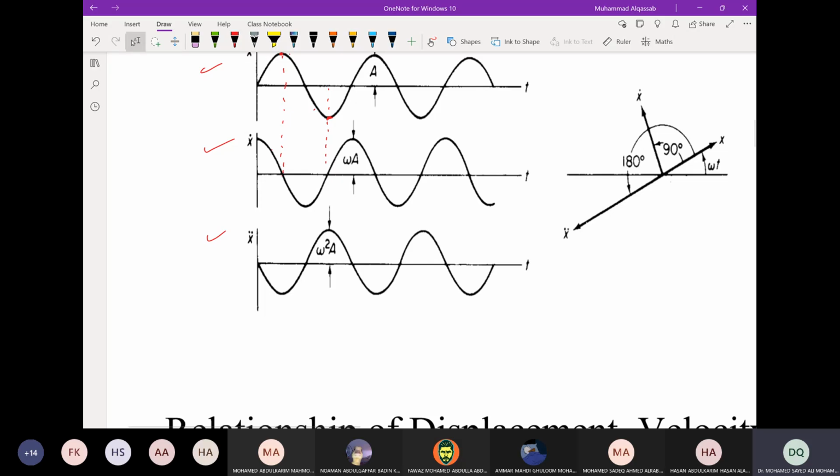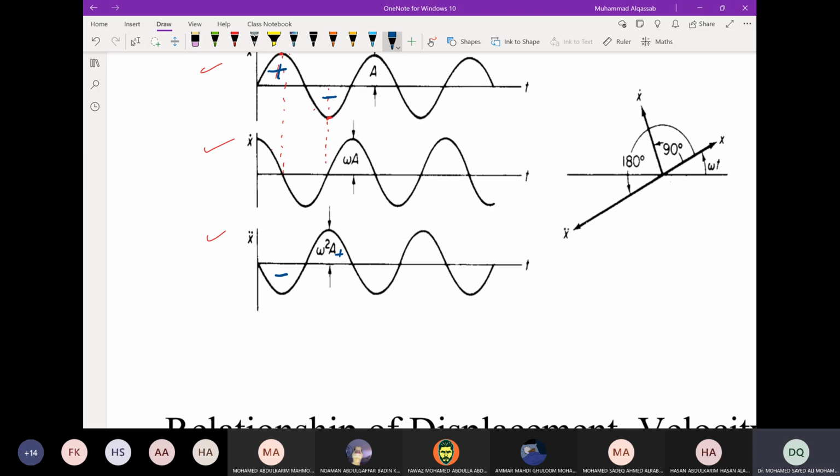And the acceleration, when x is positive, the acceleration is negative. Okay, and when the x is negative, the acceleration is positive.